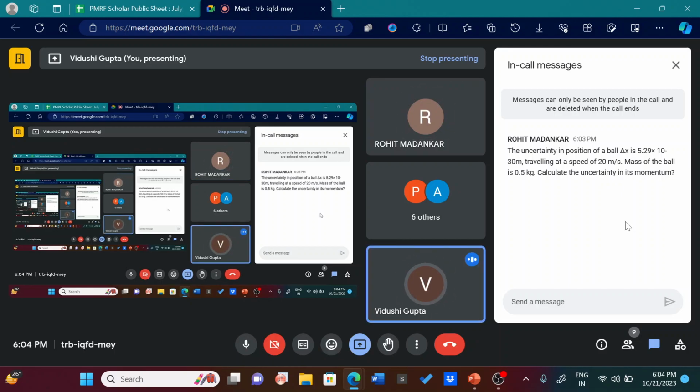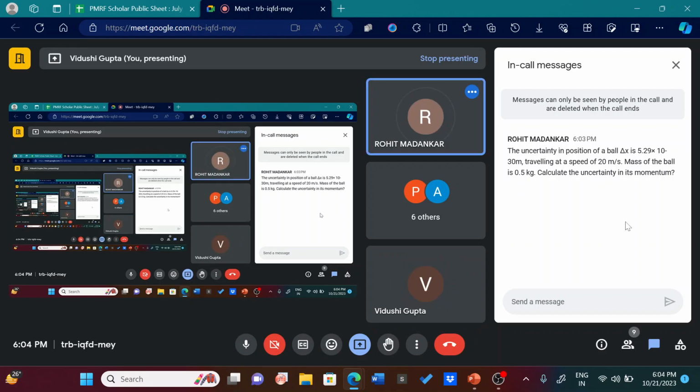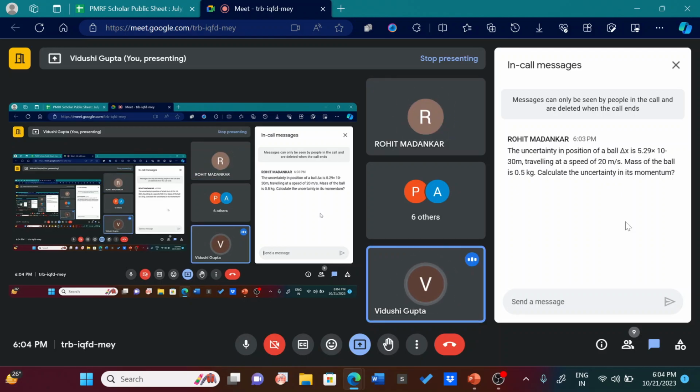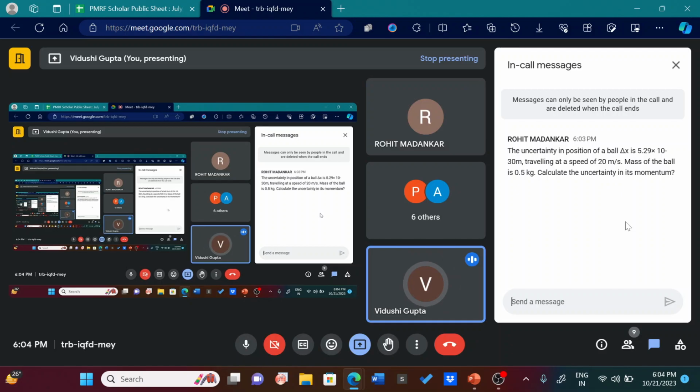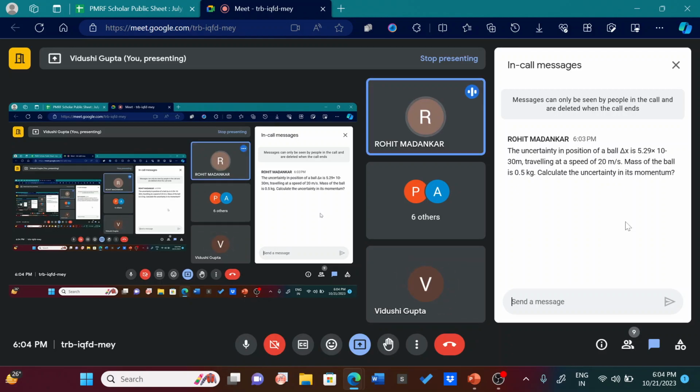The answer will be 1 into 10 raised to the minus 5, I guess. No, I just saw you messaged something, 1 into 10 raised to minus 6. Directly mass multiplied by velocity, 20 into 0.5. You have to directly multiply it. 10 will be the answer.